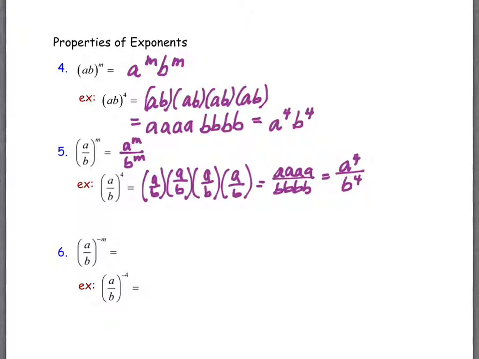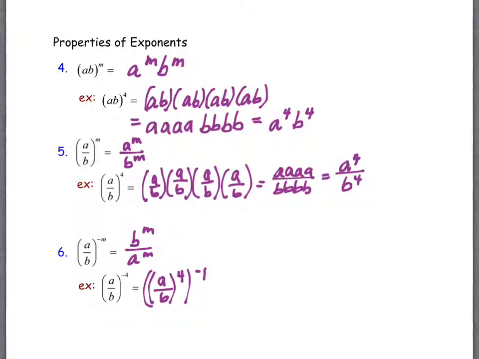All right, the last one, number 6, turned this into b to the m over a to the m. So one of the things that we can recognize, we sort of did it in general terms a minute ago, is that negative 4 is actually just negative 1 times 4, right? So I'm going to write this as 4, and I'm going to write this as negative 1 on the outside.